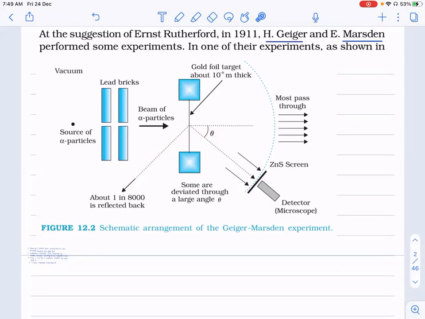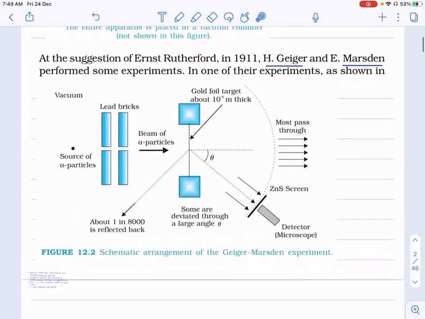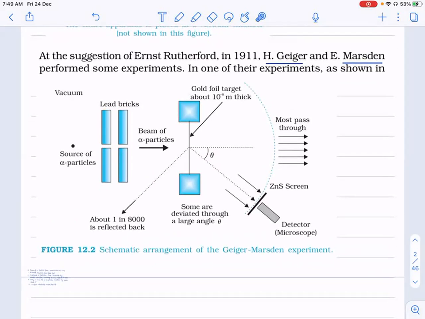ठीक है, तो what this proves, उन्होंने फिर इस एक्सपेरिमेंट के बेसिस पर he gave his own model, and let's see what is that, and discovery of nucleus was also possible. है ना, जब bouncing back हो रहा है ऐसा, alpha particle is a heavy particle, it is consisting of 2 protons and 2 neutrons.